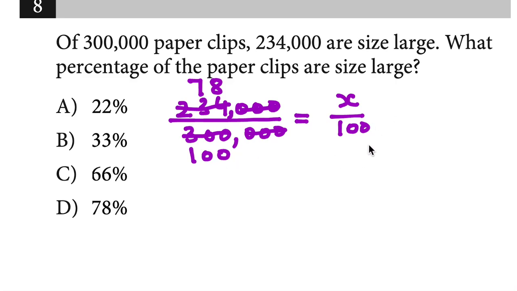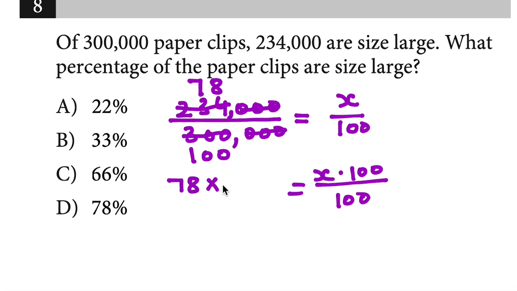Now I will multiply by 100 on both sides. So 100 times x over 100 is equal to 78 times 100 over 100. So I have multiplied by 100 on both sides. So x is equal to 78.